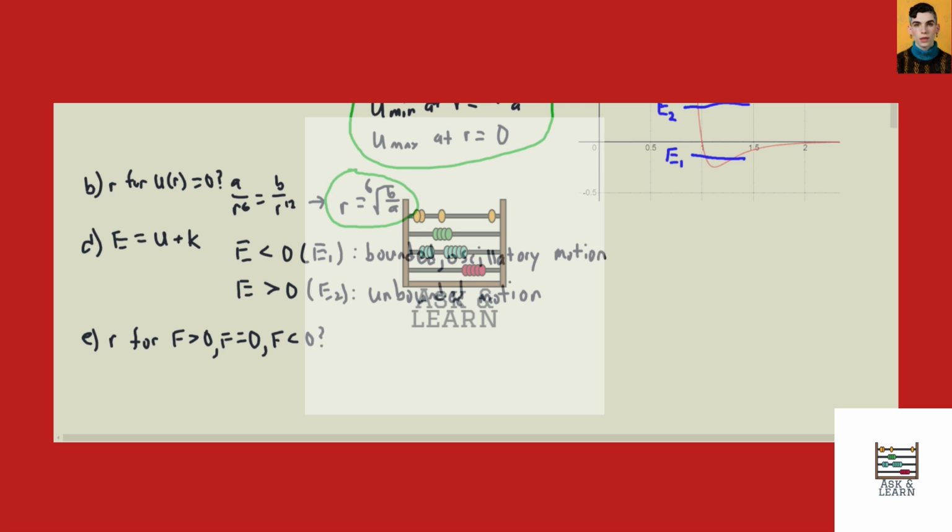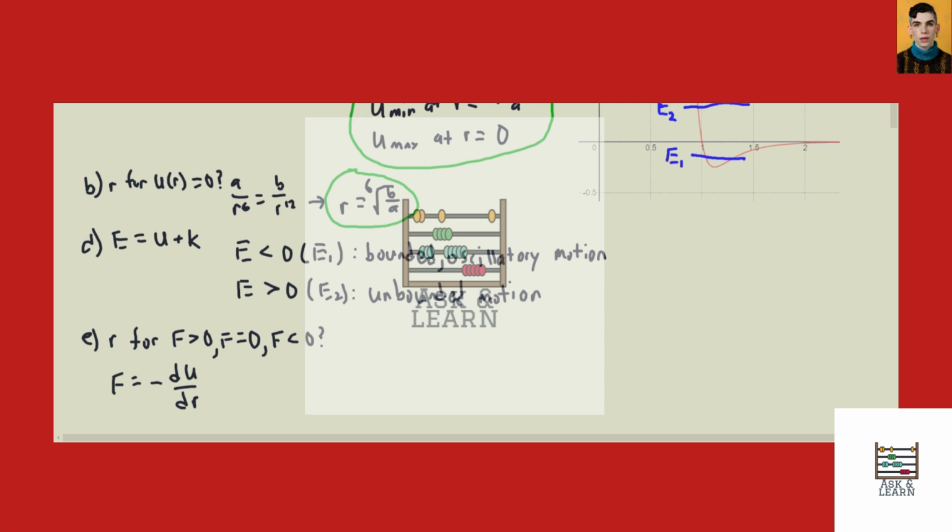So we want to keep in mind the relationship between force and potential energy. We'll say force is the negative derivative of potential energy. So in this case, F equals minus du/dr. And so looking at this graph, we can just look at the slope.